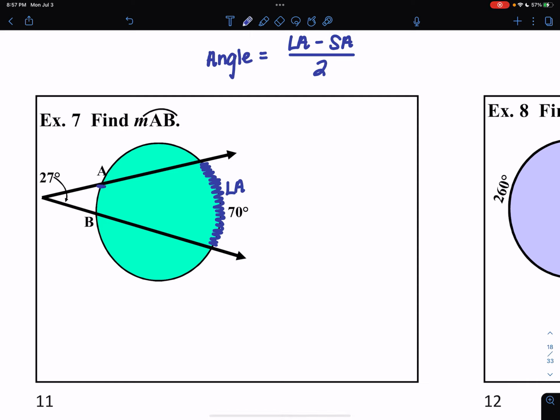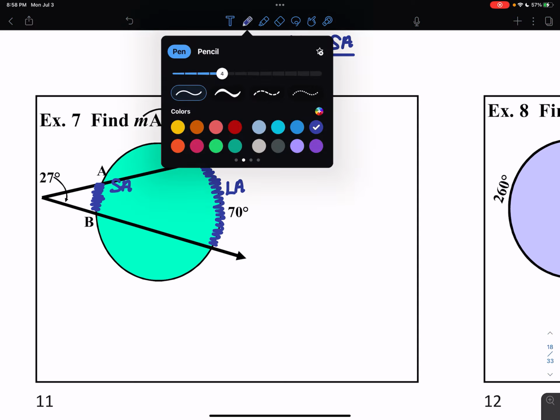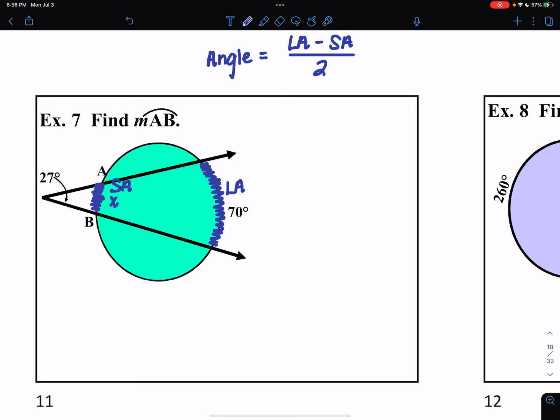The small arc is not labeled for us, so that's going to be our x. Small arc is going to be x. And then the 27 degrees represents our angle.